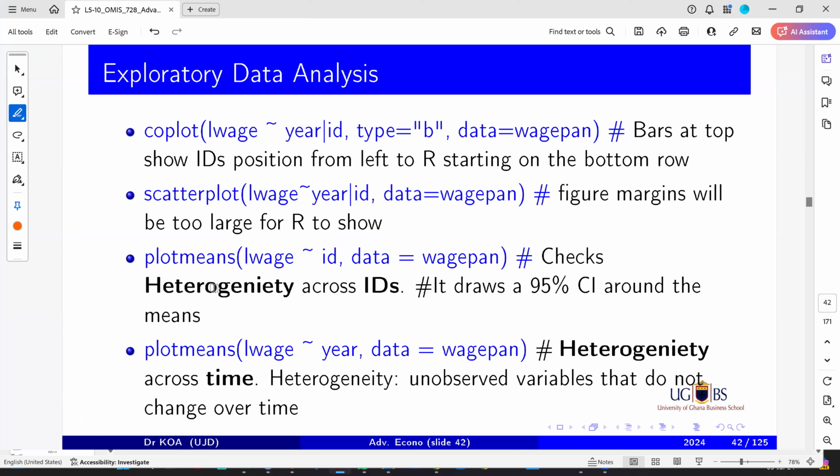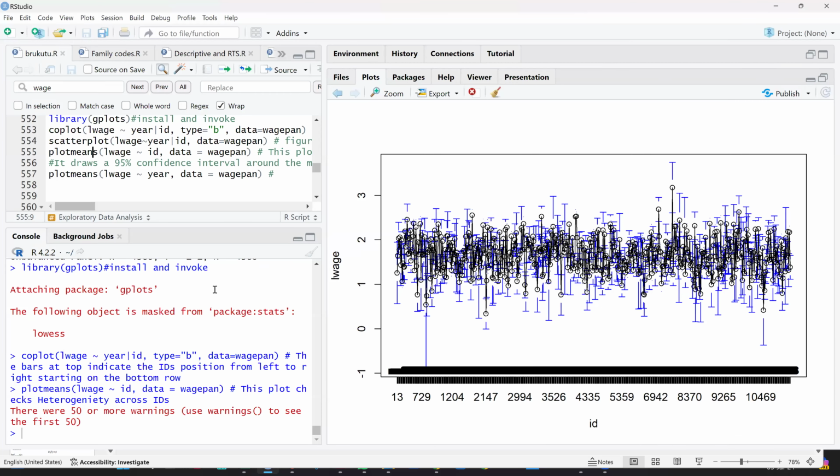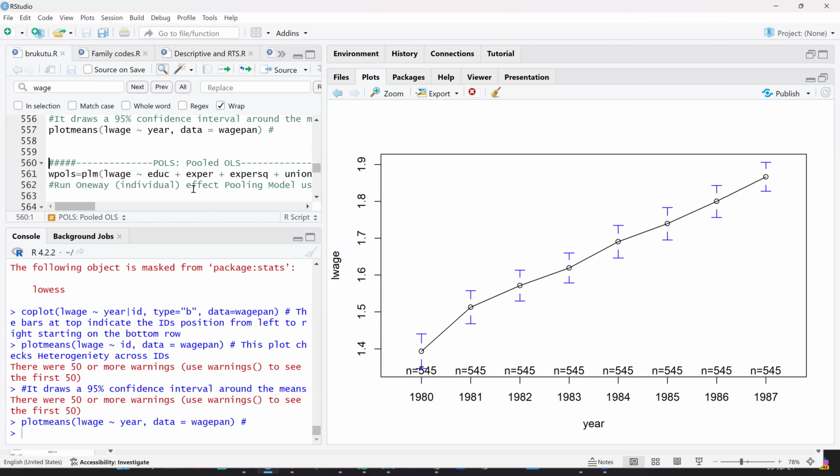Now, are there any unobserved variables that change over time or don't change over time? Well, if you look at it again, the black area, the majority of them are all around the center. So it does appear, though this is just graphical, that maybe there is not much heterogeneity.